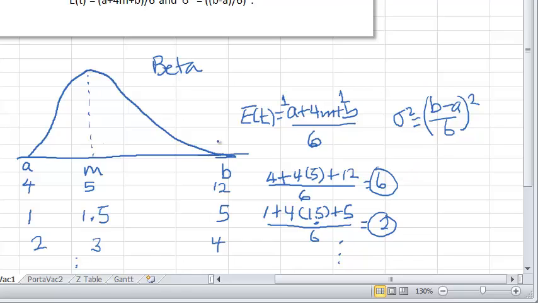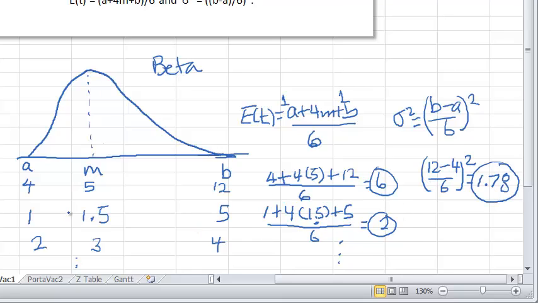Now for the variance, you plug in 12 minus 4 on the top, divide that by 6 and square that. So in the parentheses you're going to have 8 over 6 or 1.333, and then squaring 1.333 gives us 1.78.